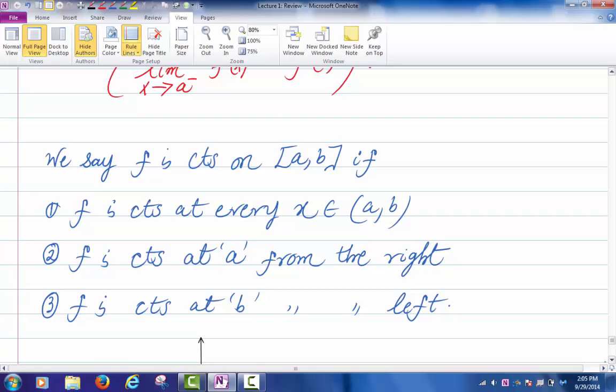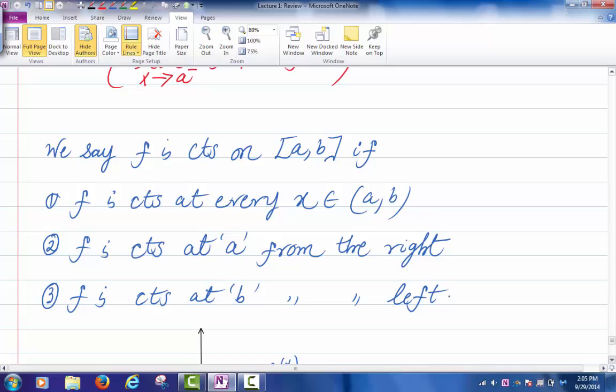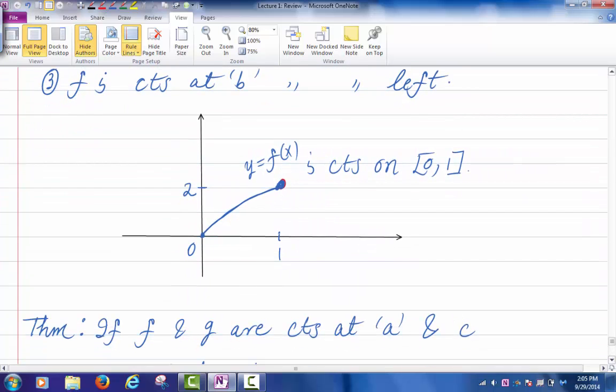And when that's the case, we will say that f is continuous on that interval. So, for example, this function that I have here is continuous on the closed bounded interval from 0 to 1. At 0, it's continuous from the right. At 1, it's continuous from the left.